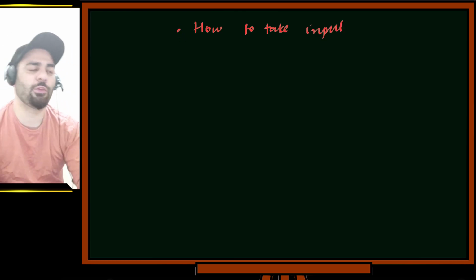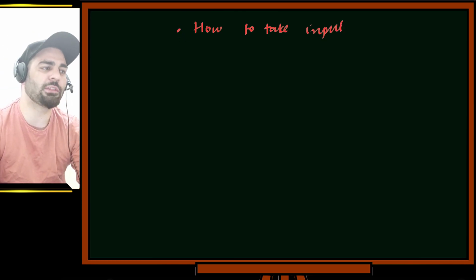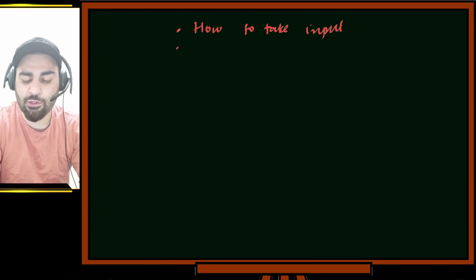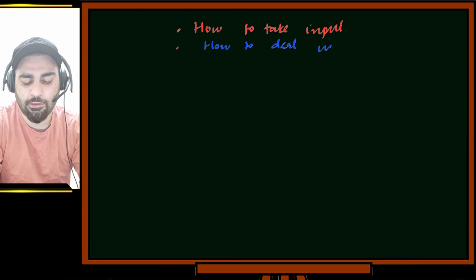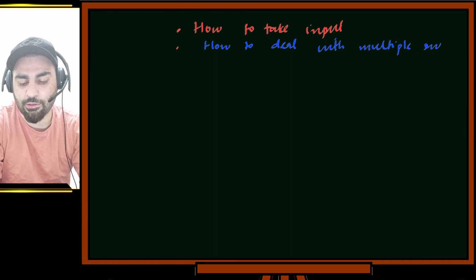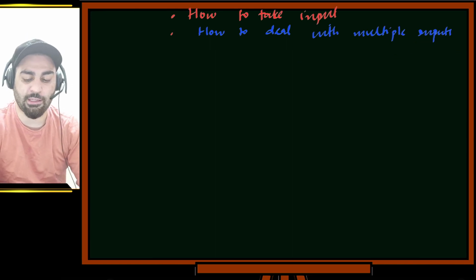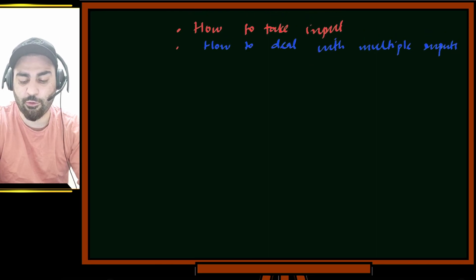So we took an input and bound it to some variable. After that we saw how to split. If we take multiple inputs, how do we deal with them? You use the function split. This is the function that we'll use.